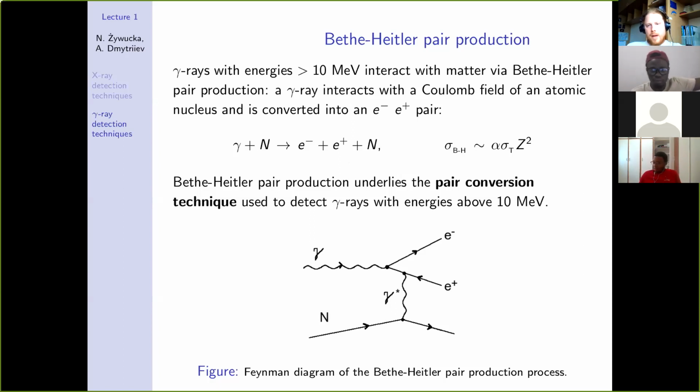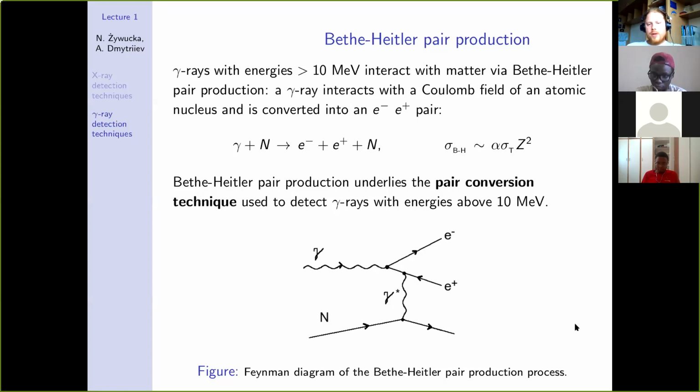But as you can see, this is the Feynman diagram, so this is how the interaction proceeds. There is a gamma ray, and it interacts with the virtual photon provided by the nucleus. And so you have an electron-positron pair, and you have three vertices, 1, 2, and 3 in the Feynman diagram.